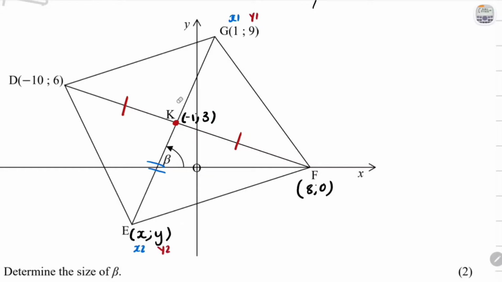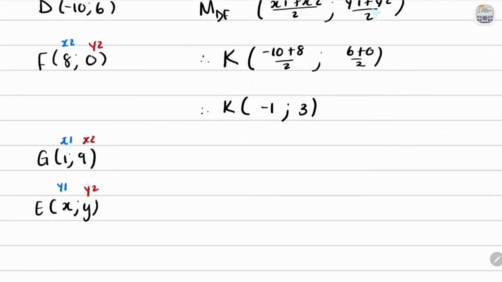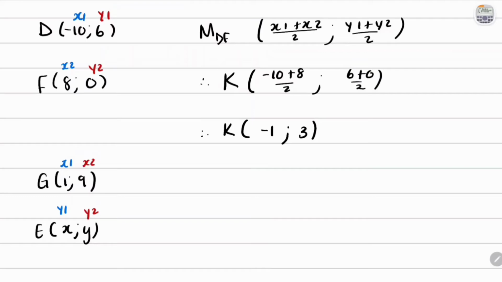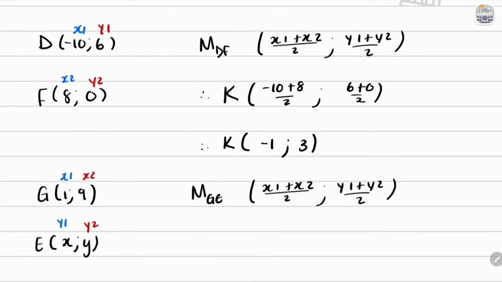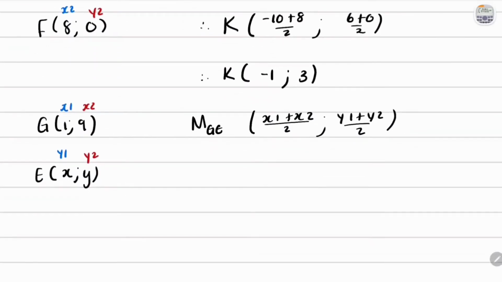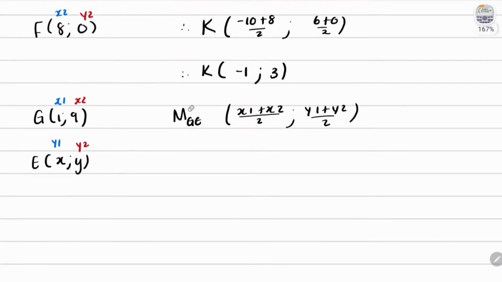But knowing that K is the midpoint of this, we're using GE. So again, we're going to use the midpoint formula. But remember, this is the midpoint of GE, which is of course the same thing as the midpoint of DF. When you substitute, the midpoint of GE, we already know, is K, which is -1 and 3.